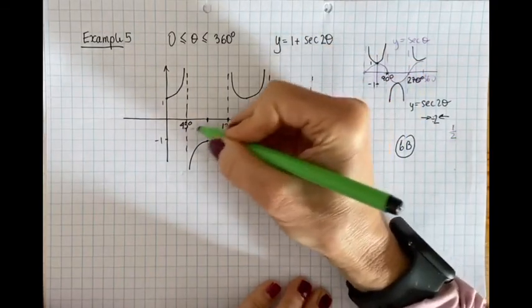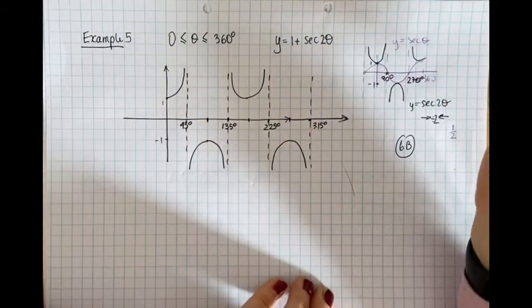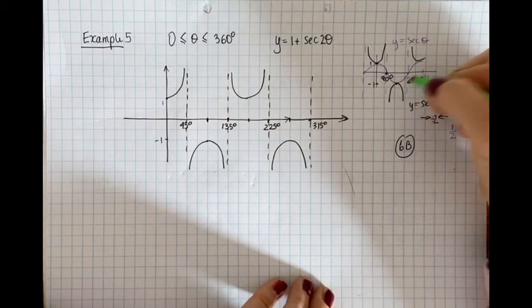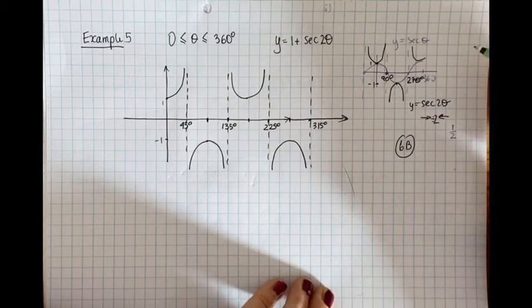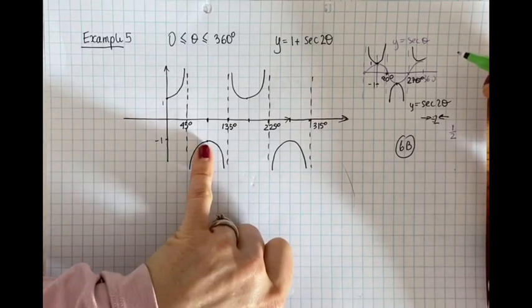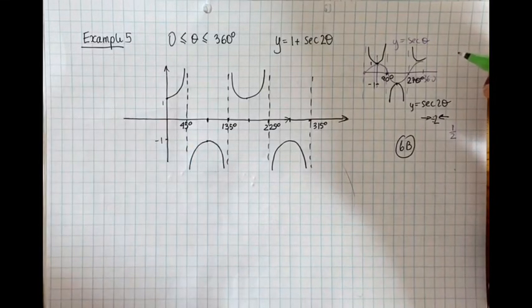If you want to identify these points, obviously they were before over here at 180, so that would be 90.